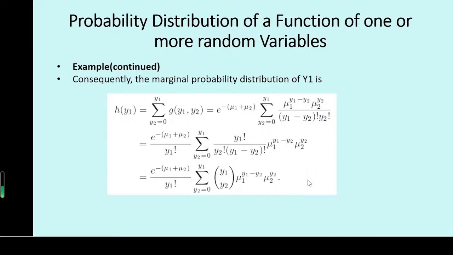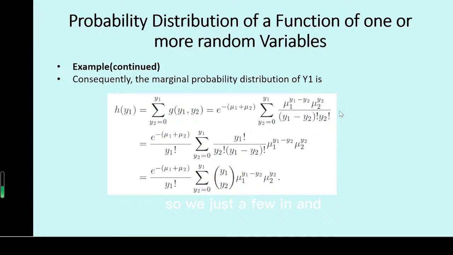So we can get the marginal distribution of y1. h(y1) is just filling all the values of y2 from 0 to y1, because we have shown y2's maximum value is y1, right? So we just take the summation for all joint probability distribution for y1 and y2 we have calculated in the previous page, summing with the y2 value from 0 to y1.